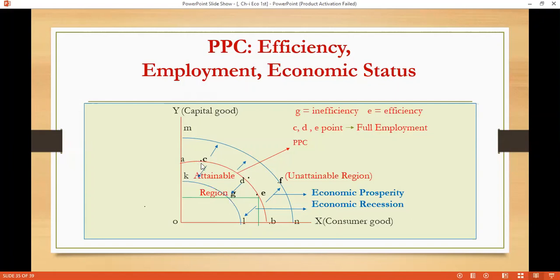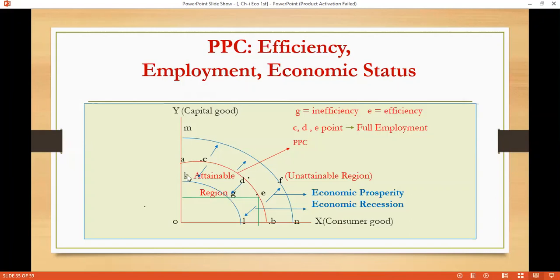But this line is the maximum efficient line, because this line shows that all resources and technology have been used, so the points we get on the PPC curve are efficient points, that is A, C, D, E, B. These points are on the PPC curve, so these are efficient points.